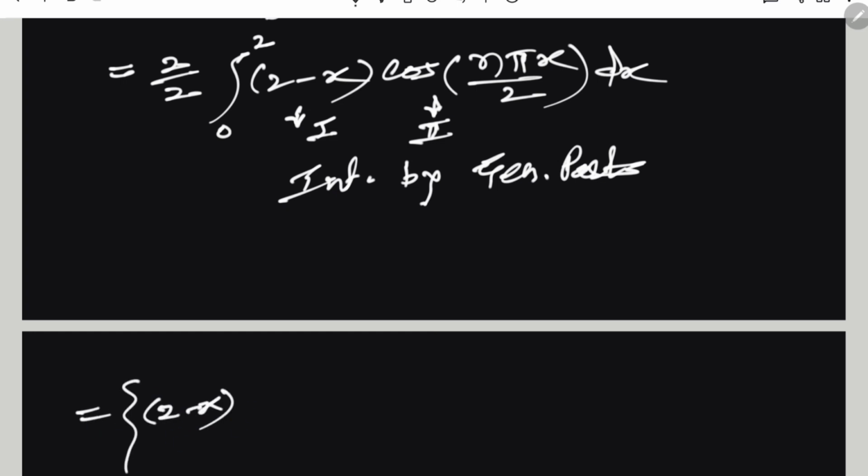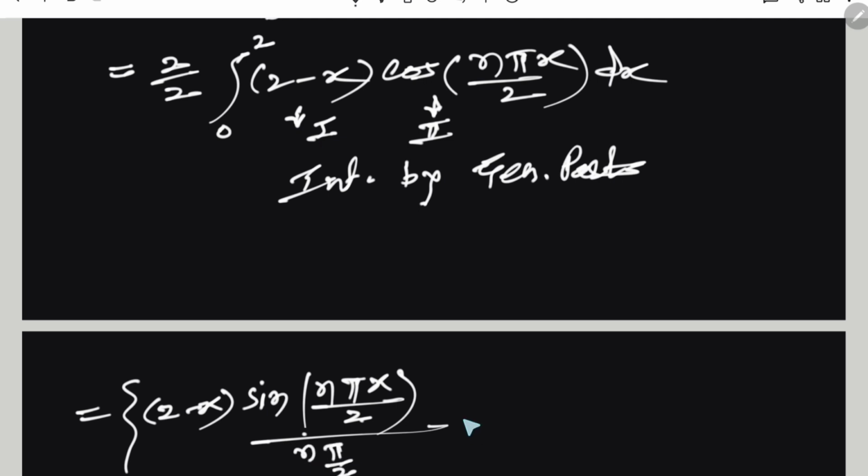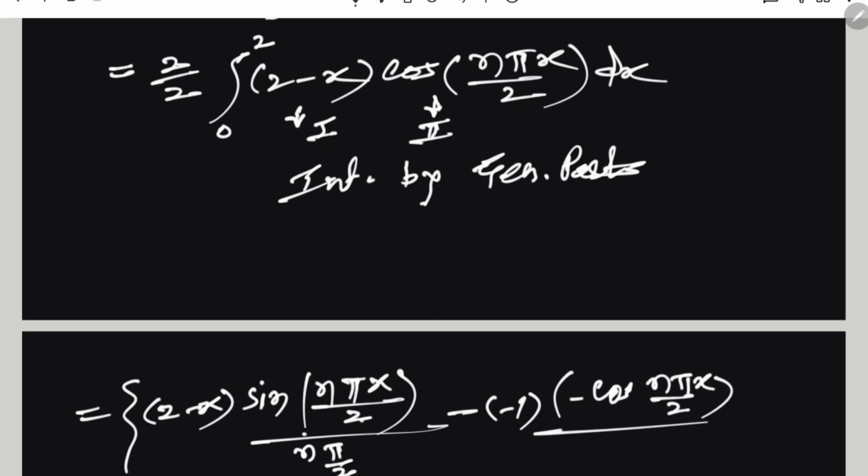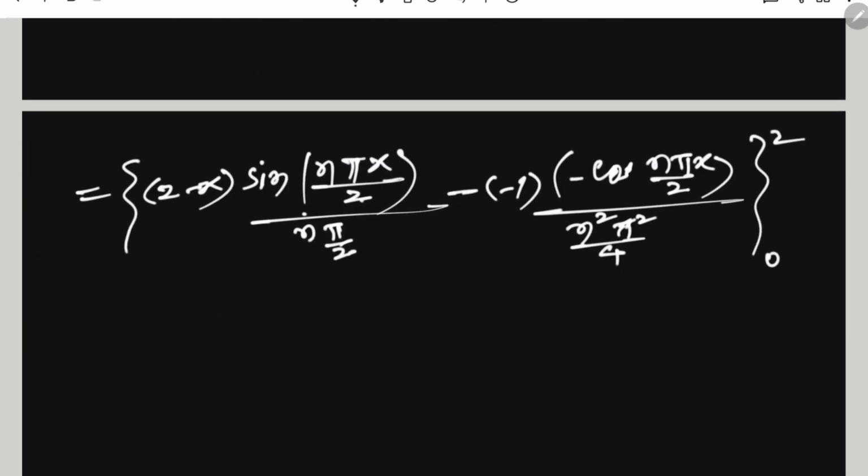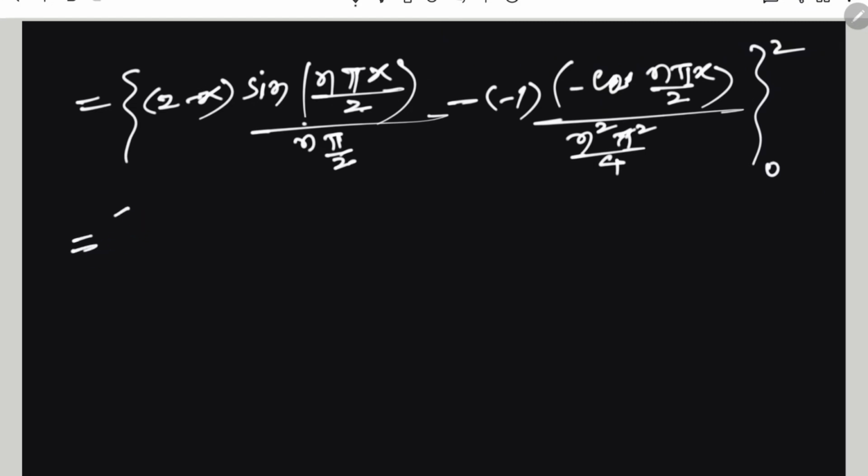In the bracket we have first term as 2 minus x, integration of cos as sine n pi x by 2 divided by n pi by 2, minus derivative of 2 minus x is minus 1, integration of sine as minus cos n pi x by 2 divided by n square pi square by 4. Next term is 0. We stop here and limit from 0 to 2.